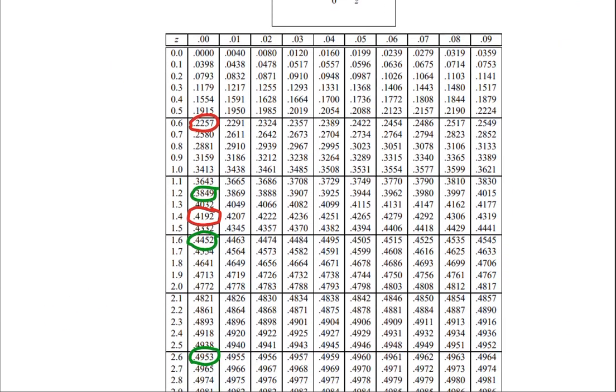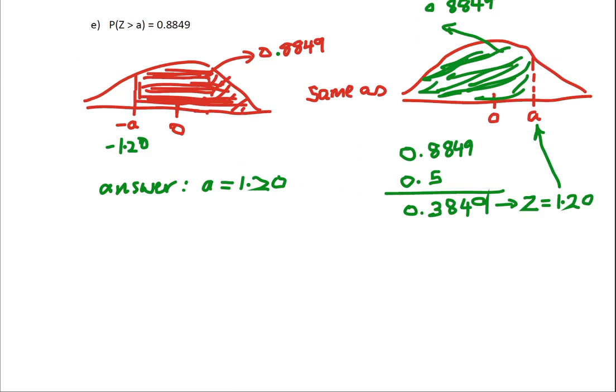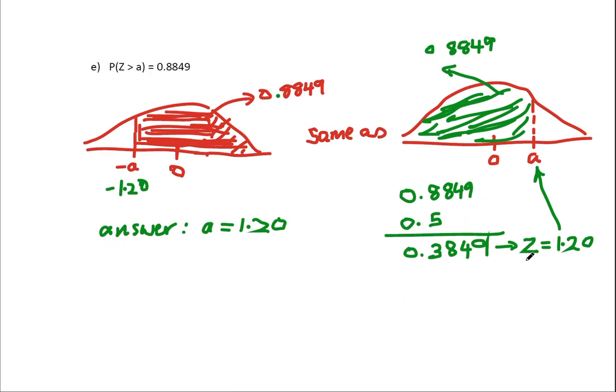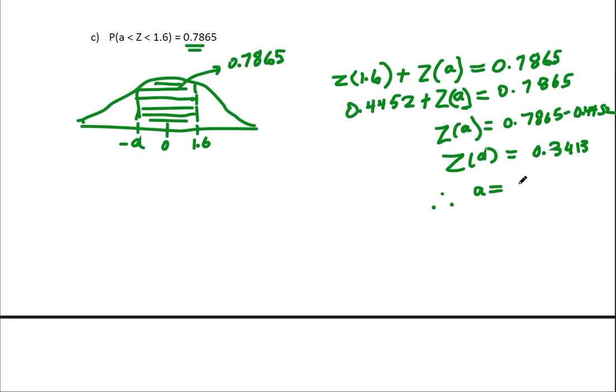So we go down here, and we're looking for 0.3413, which is here, which is 1.0. Okay, so the value of A is 1, but because A is on the negative side of 0, we use negative 1.0. So that's the value of A. A is equal to negative 1.0.